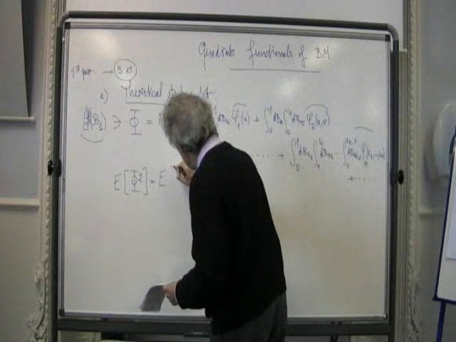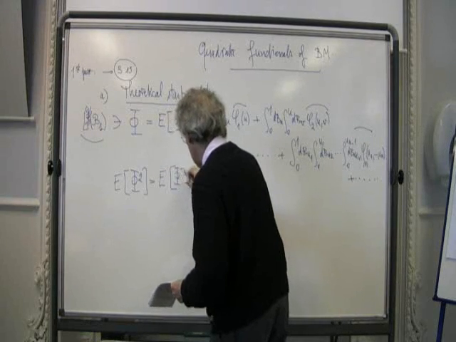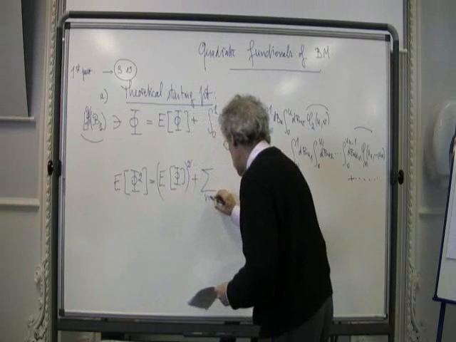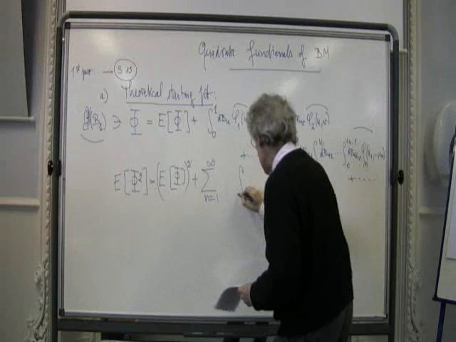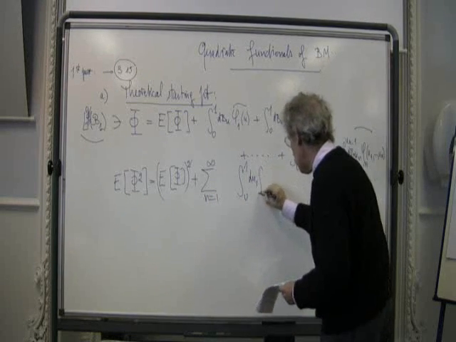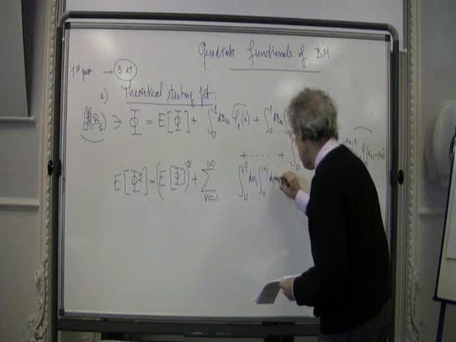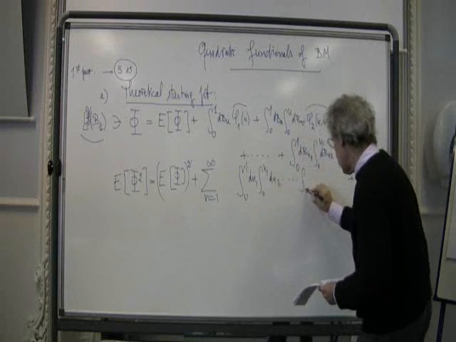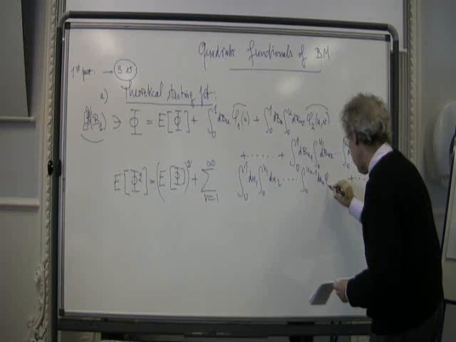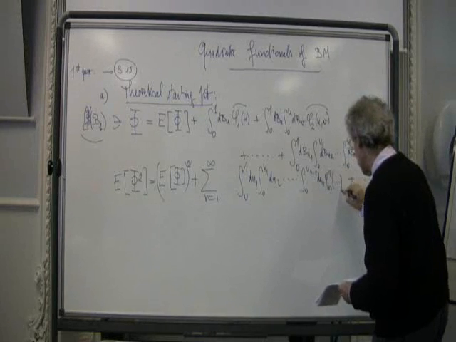And I simply write E[phi^2] = phi_0^2 + sum over n = 1 to infinity of the integral 0 to 1 du1, integral 0 to u1 du2, ..., integral 0 to u_{n-1} du_n of phi_n^2(u1, u2, ..., un).